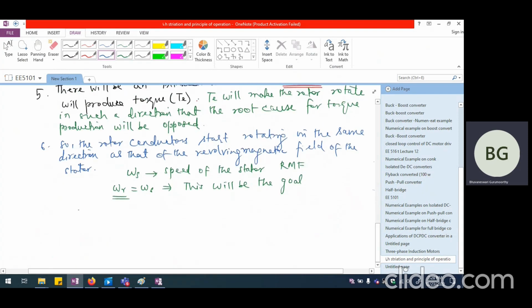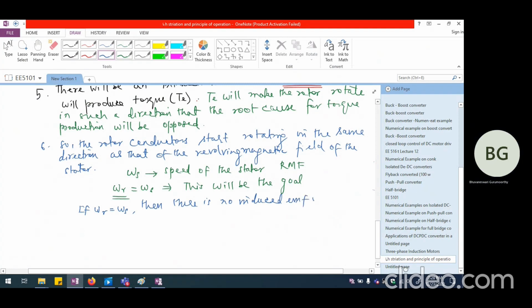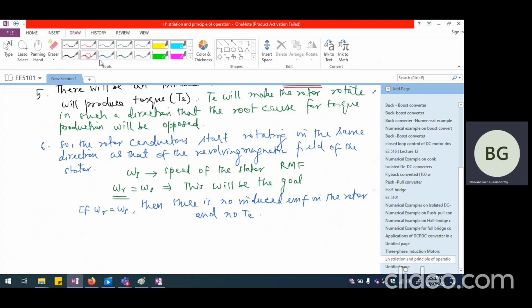So if omega r equals omega s, then there is no induced EMF in the rotor and no torque. So if there is no electromagnetic torque, then immediately you will see that the rotor speed will come down automatically.